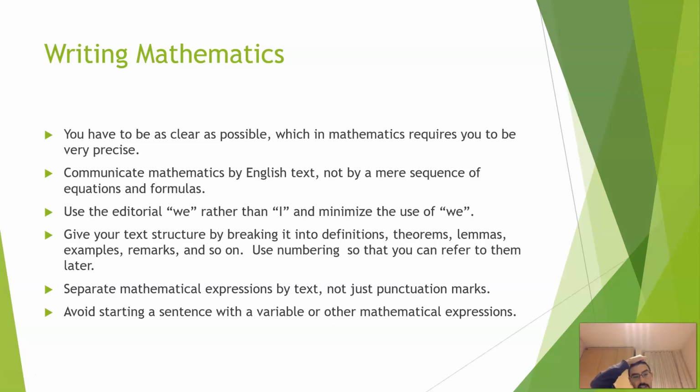And a good suggestion is that you should avoid starting a sentence with a variable or a mathematical expression. This is a good rule of thumb because it makes readability better. If you start a sentence with a variable or some mathematical expression, it usually doesn't look nice and it's not nice to read.